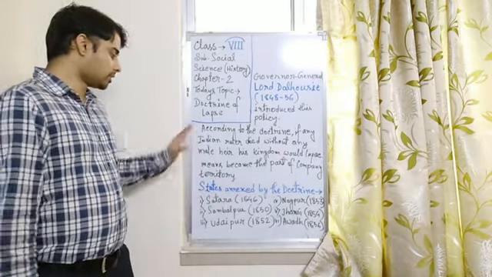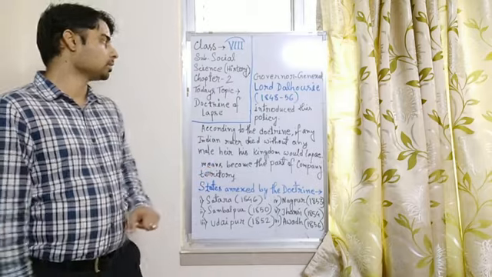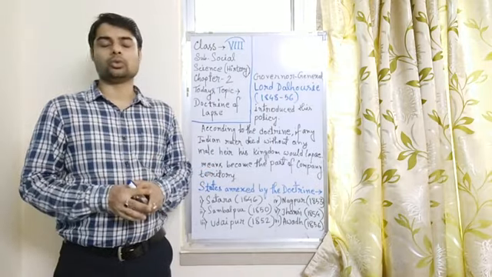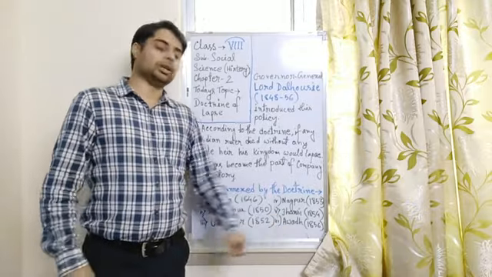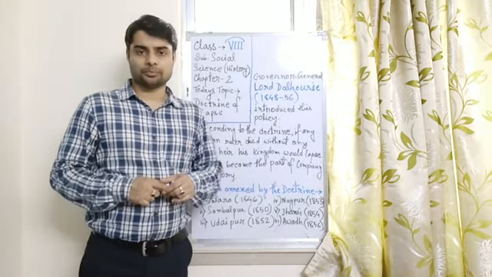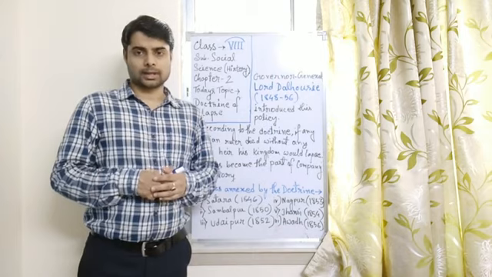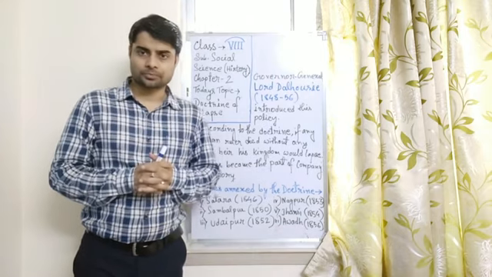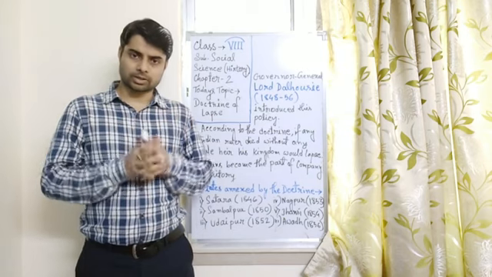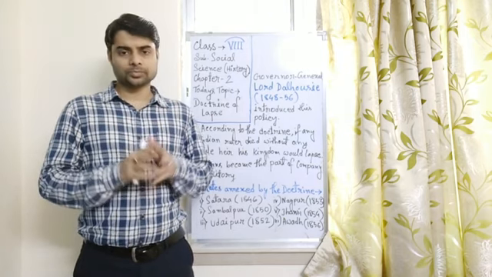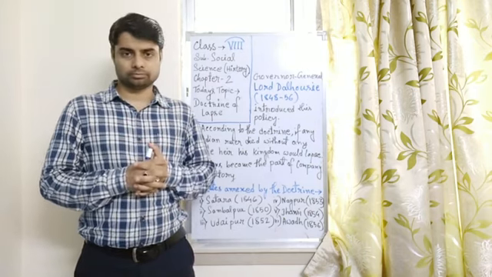So all these six states were annexed by the British East India Company through the Doctrine of Lapse. But in the case of Awadh, they gave an excuse that there was complete misgovernance in Awadh and the people suffered there.